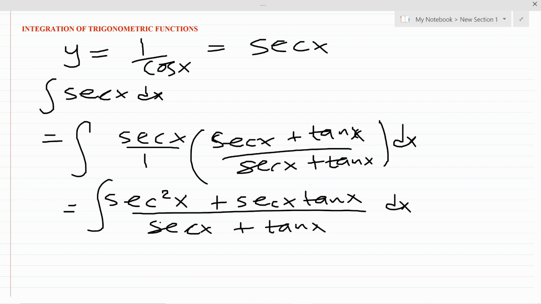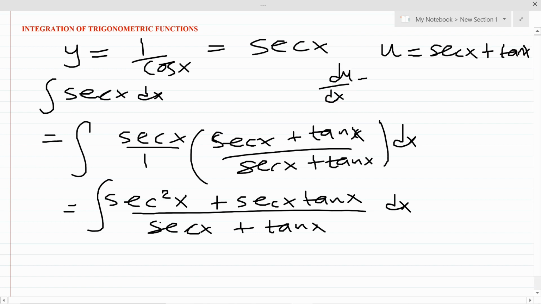Here too we let u represent something. So what we'll do is we'll let u be equal to sec x plus tan x. Now du dx will be equal to, when you differentiate sec x, you get sec x tan x. When you differentiate tan x, you get sec squared x. Let me erase and write it well.